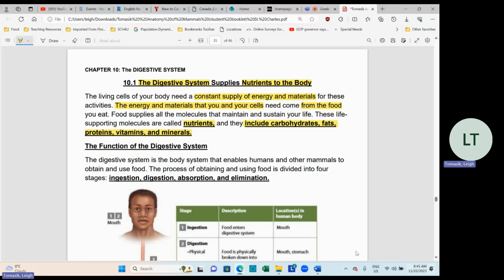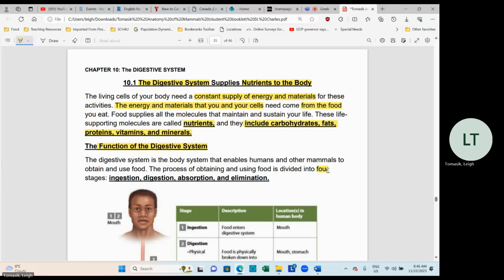So we are going to look at the function of the digestive system in four parts. We know the overall goal is to supply nutrients to the body, right? Including carbohydrates, fats, proteins, vitamins, and minerals, but it's a four-step process.